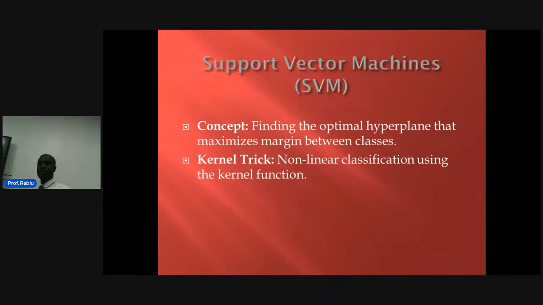Support vector machine. We can use a support vector machine by finding the optimal hyperplane that maximizes the margin between the classes. Okay, it is quite important we know how we can maximize the margin between the classes.